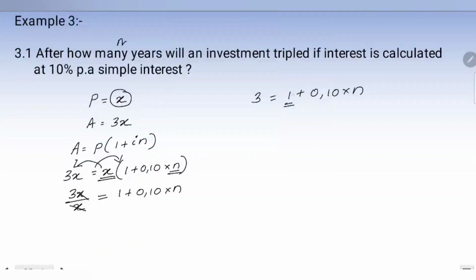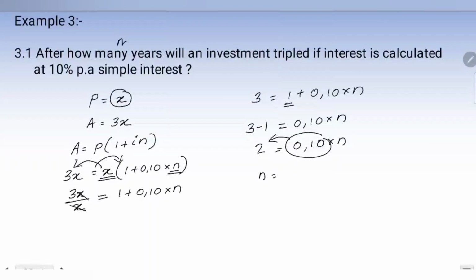Now you have to send 1 to the other side. It's a term, so on the other side the sign will change, right? 3 minus 1 is equal to 0,10 times n. This is going to be 2 is equal to 0,10 times n. Therefore, n is equal to, this one will go to the other side, means it's going to divide, isn't it?